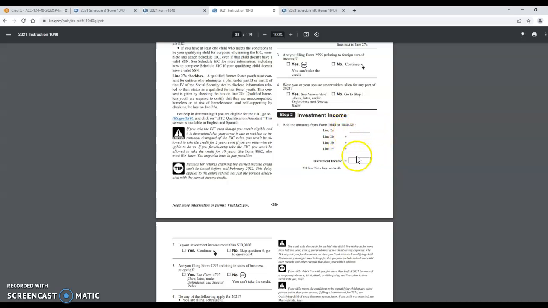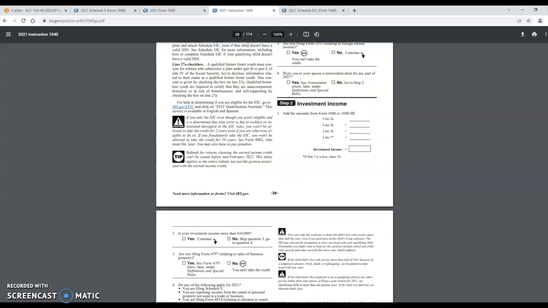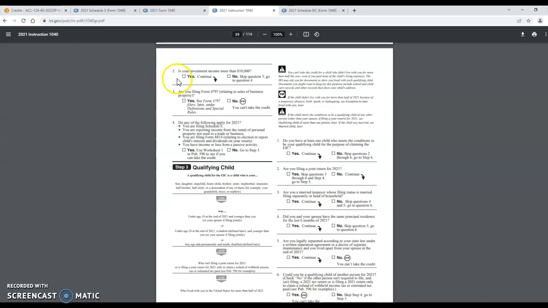So we add all of that up and add that total, and we go on down to the question. Now, John Doe didn't have any of those things, so his total is 0. Is your investment income more than 10,000? No, it is not more than 10,000. It's 0. So it says skip question 3, go to question 4.